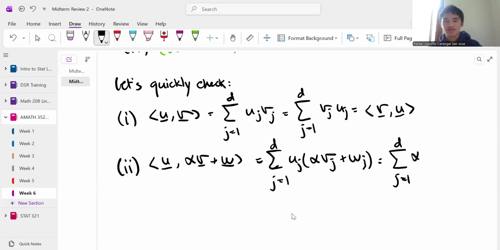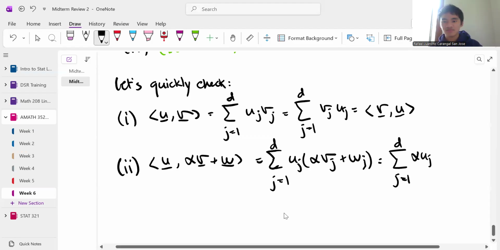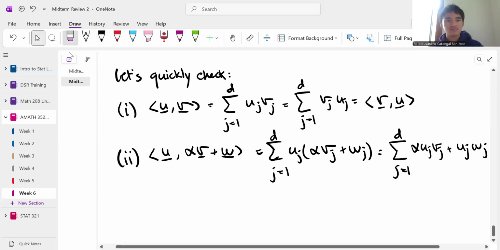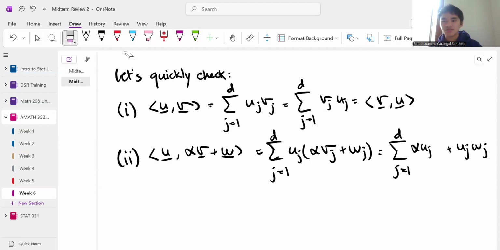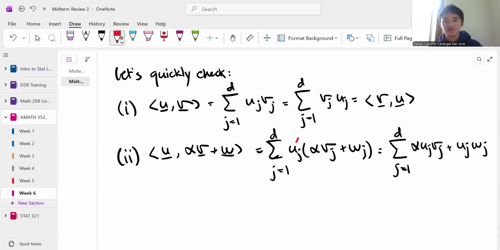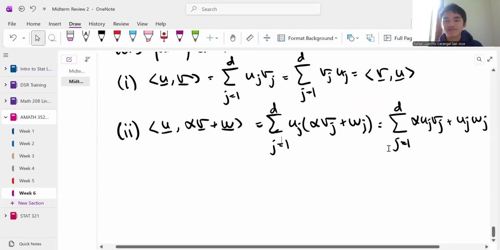So how that would look is alpha, it could be any, actually, alpha uj vj plus uj wj. Interesting, right? We're just distributing the stuff. We multiplied this u value to here and to here, and so we get that term.